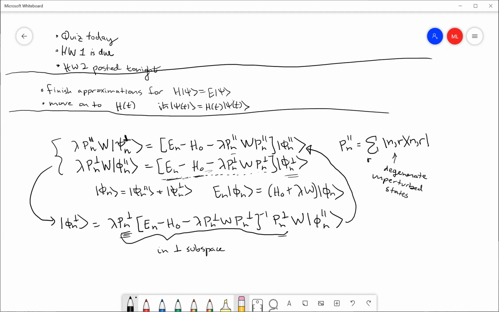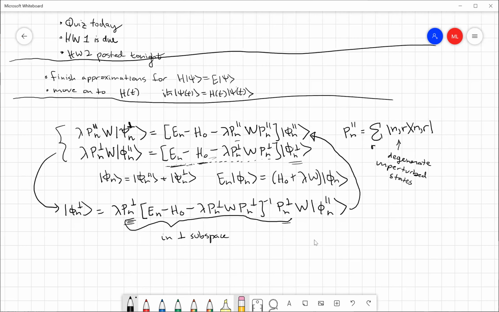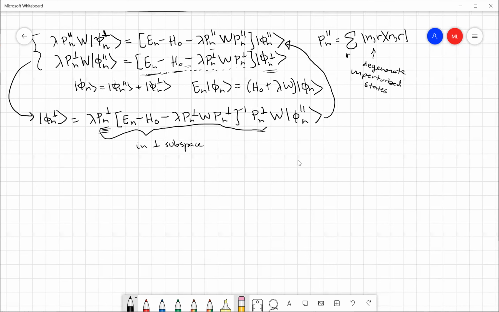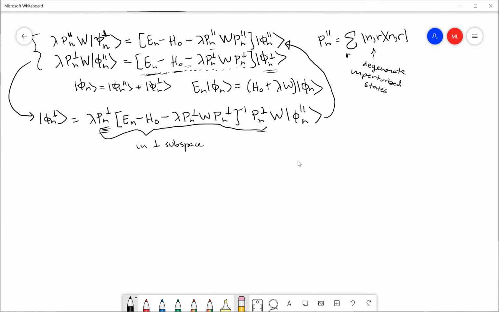In terms of these operators, that's the same as saying that this energy difference operator is not invertible. So that's the same kind of statement. So you can plug that back in and you get this not so pleasant equation, I guess, but it's okay.